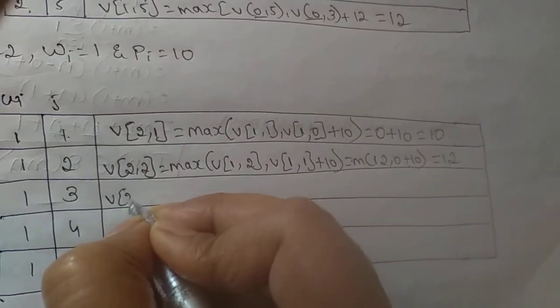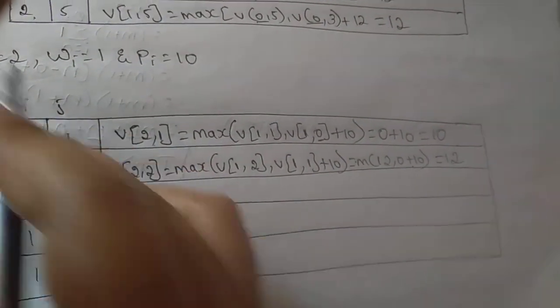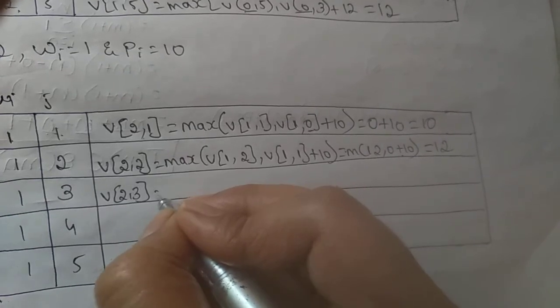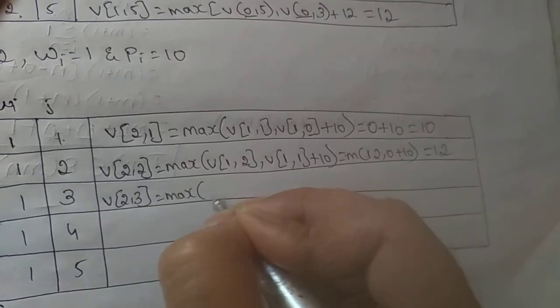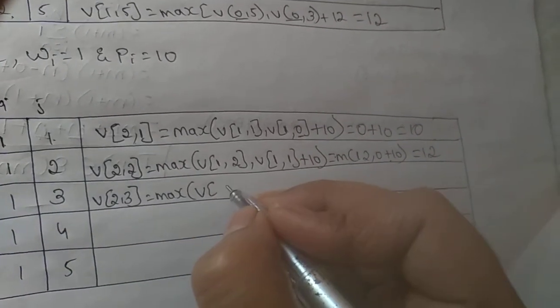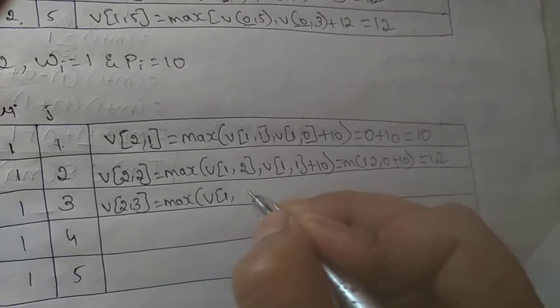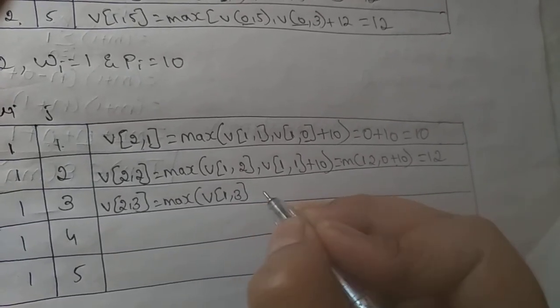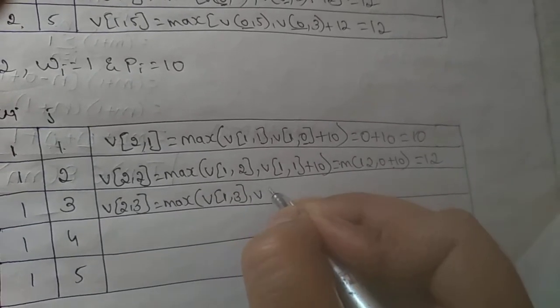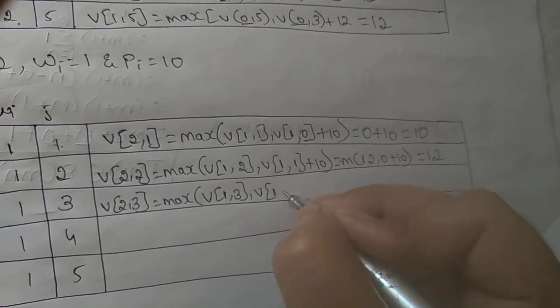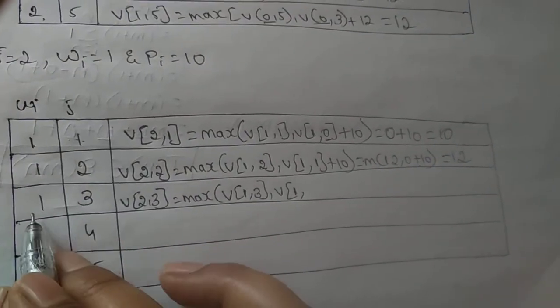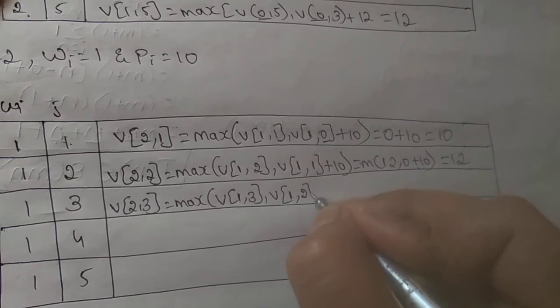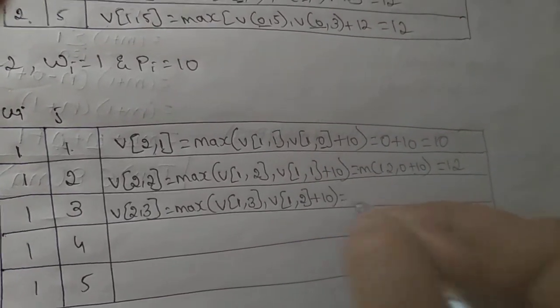Next, v of 2 comma 3, that is i is 2, j is 3. So max of v of i minus 1, that is 1, j value is 3, v of 1 comma 3, then v of i minus 1 is 1, j minus wi, 3 minus 1 is 2, plus 10.